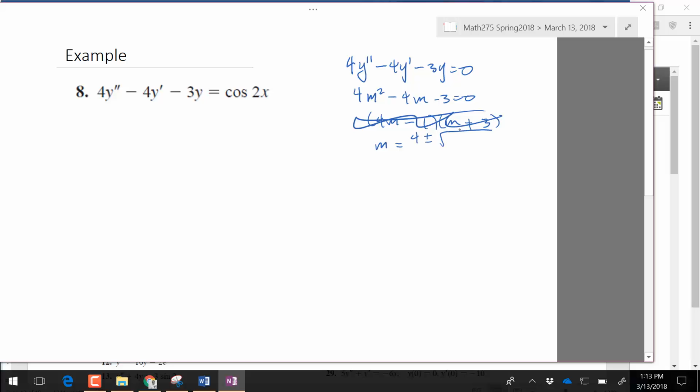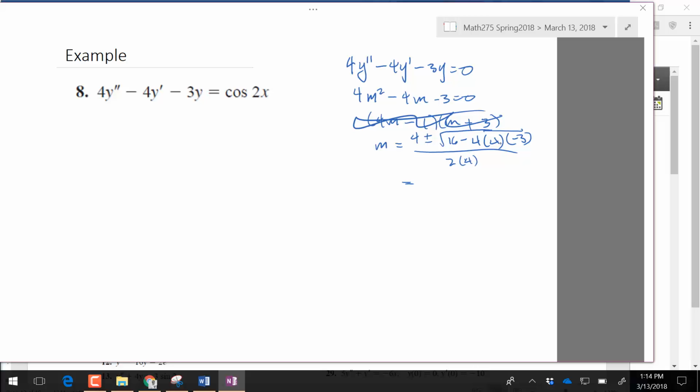So we got negative b plus or minus the square root of b squared minus 4ac. A is 4, b is negative 4, c is negative 3, all over 2a. So this is going to be positive 16 plus 16, it'll be 4 under the square root, right?